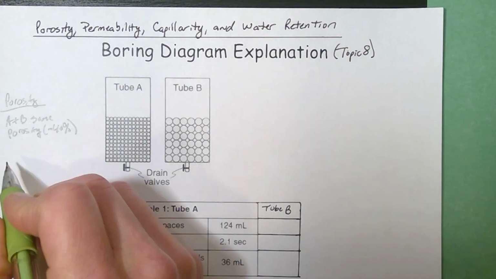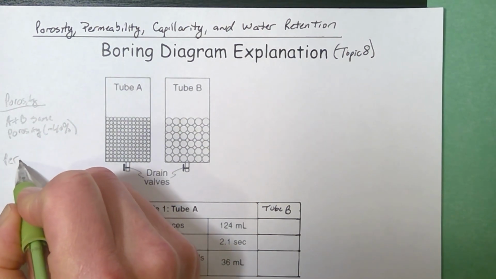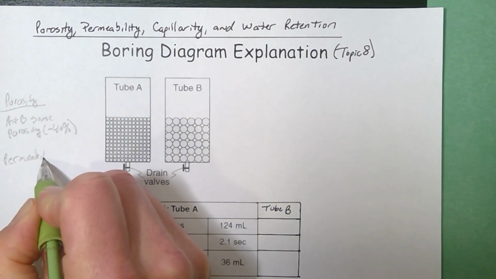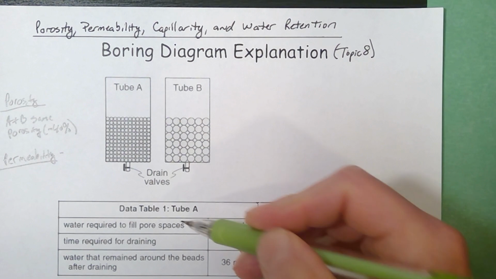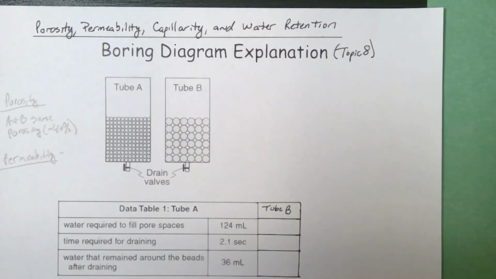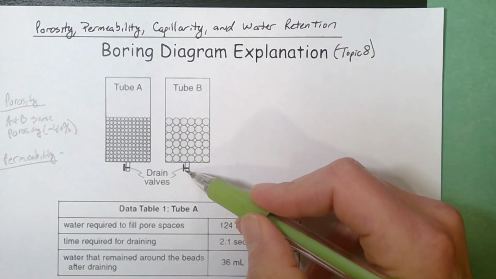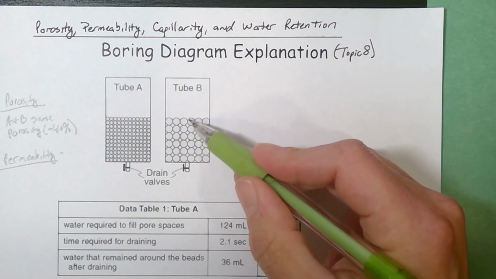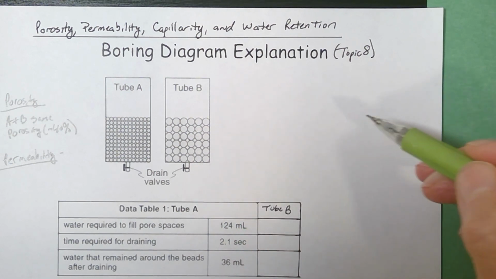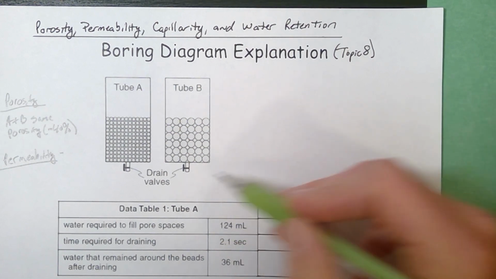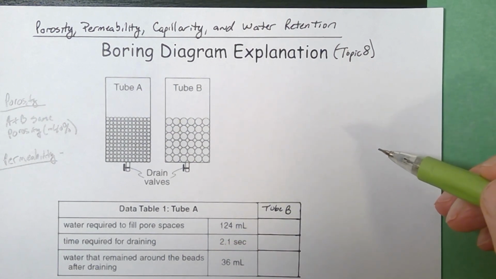Now, to test the permeability is going to measure how fast, the rate at which the water flows through the samples. So you'd have to turn the drain valves and allow the water to pass through or infiltrate completely through the sample and collect the amount of water at the bottom.